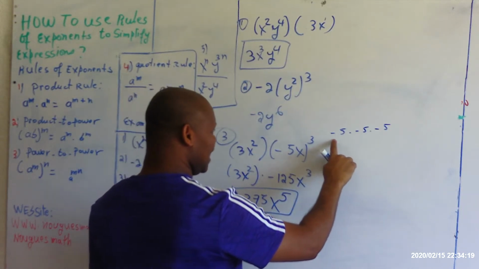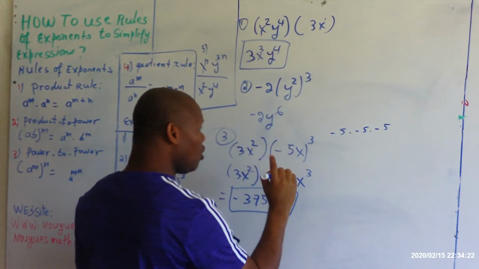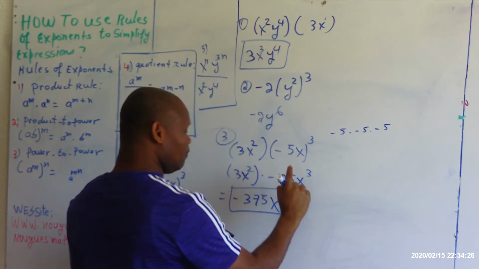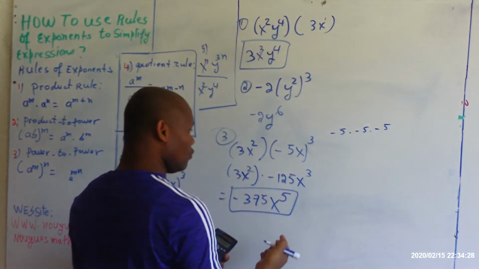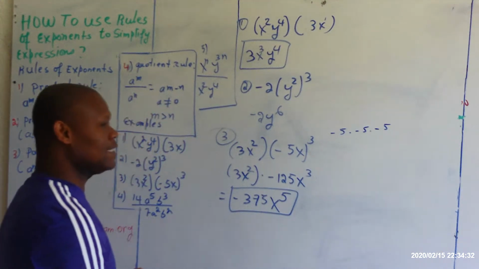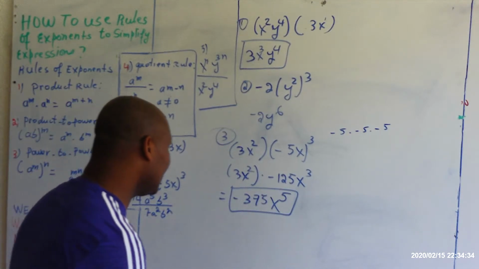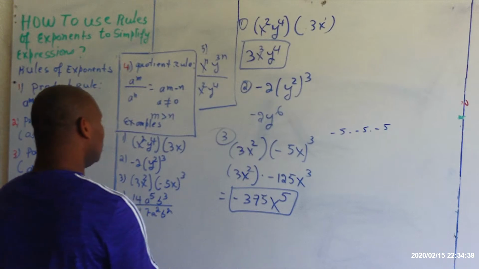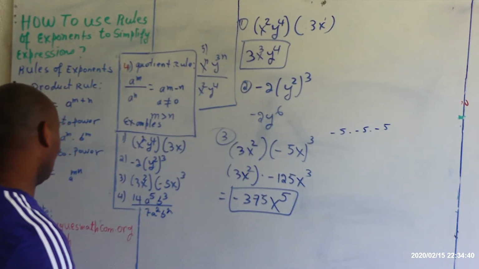Why do I have a negative number in front of this? Because when the number is raised to the power 3, it will keep the negative sign. You will keep the negative sign. Okay, very nice. So that's number 3.